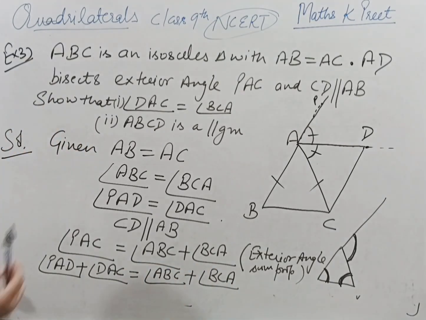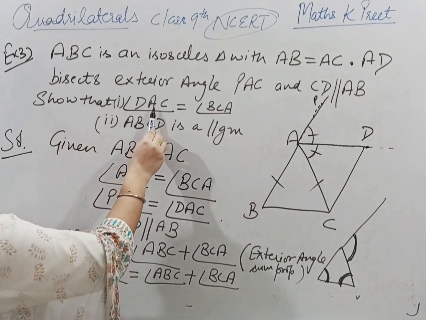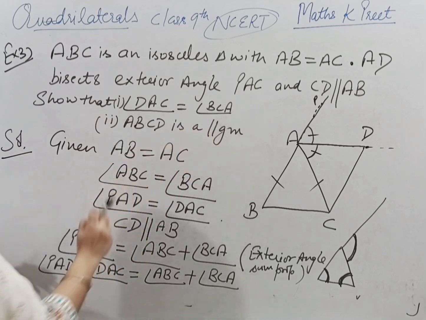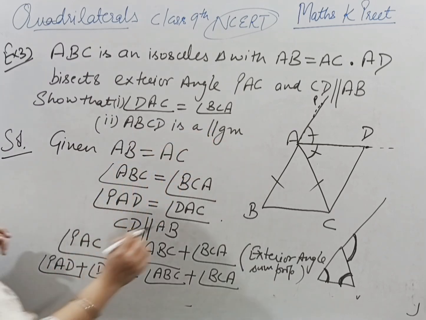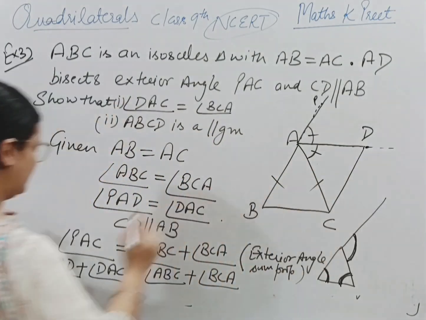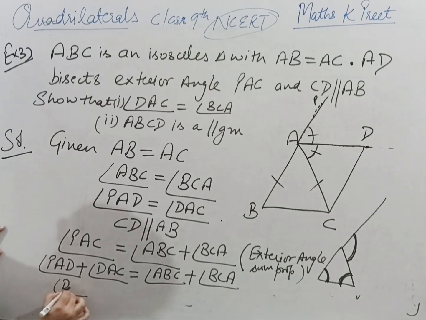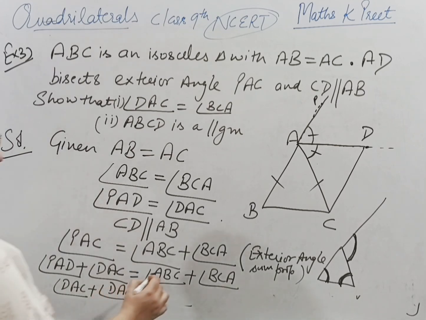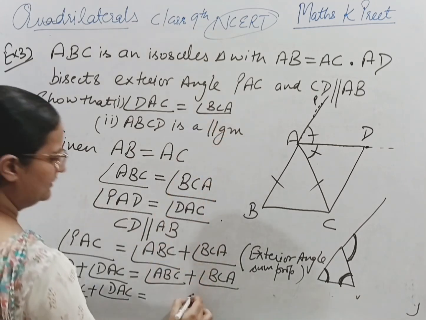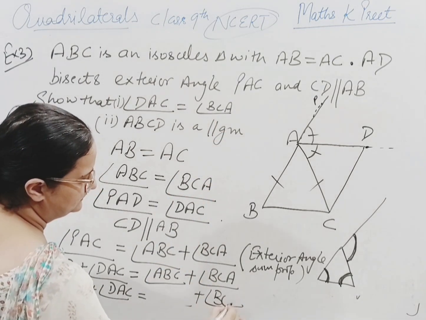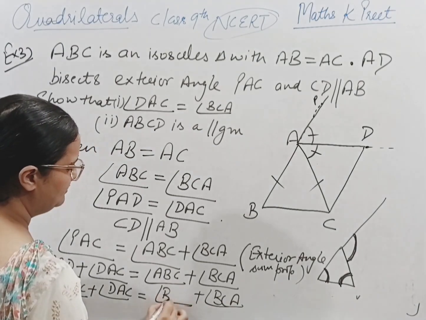So I have to find the result in terms of DAC and BCA. I'll write this PAD. PAD is equal to DAC because it is an angle bisector. So DAC plus DAC can be written. Why? Because it is an angle bisector. Here I have to keep BCA, so I'll write this ABC as BCA.